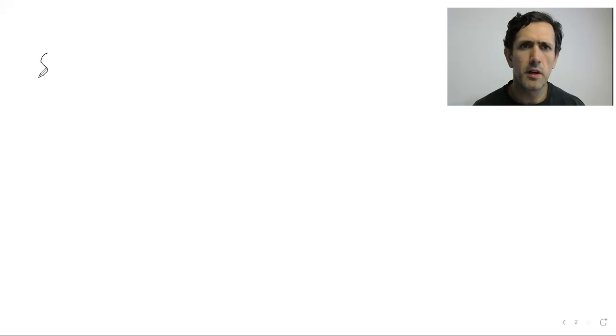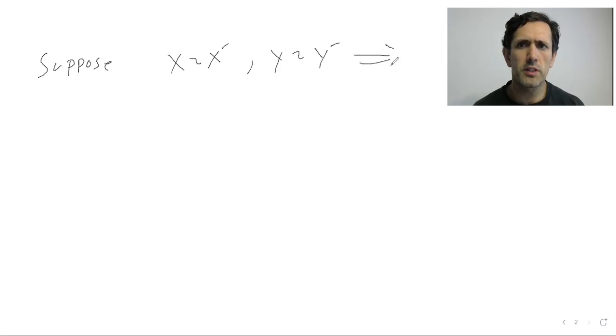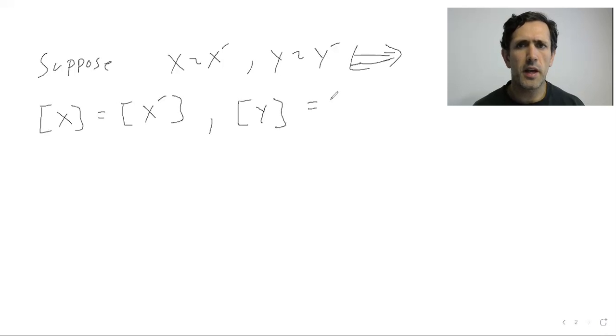Now let's suppose that x is equivalent to x prime and y is equivalent to y prime, which is the exact same thing as saying that the class generated by x and x prime are the same, and the class generated by y and y prime are the same.